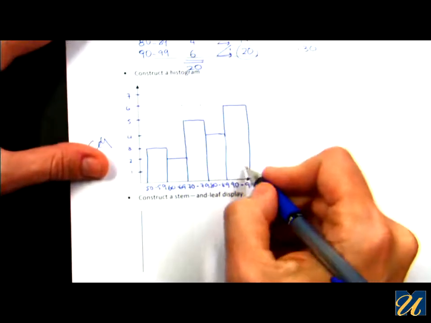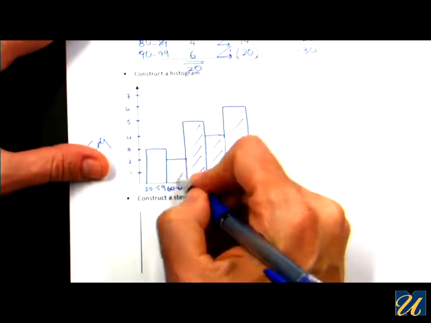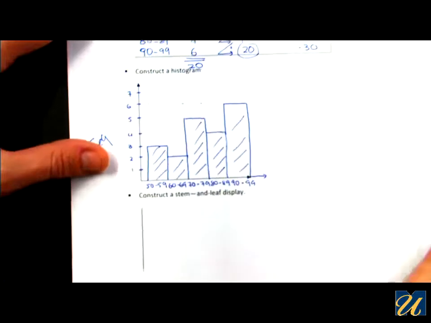So this is how your histogram would look based on the data that we have.